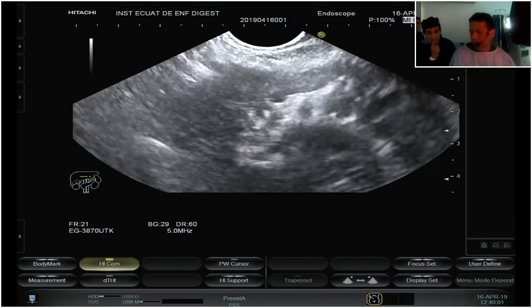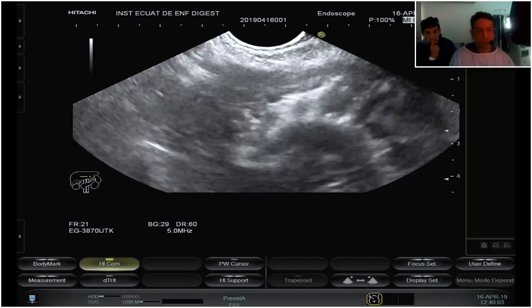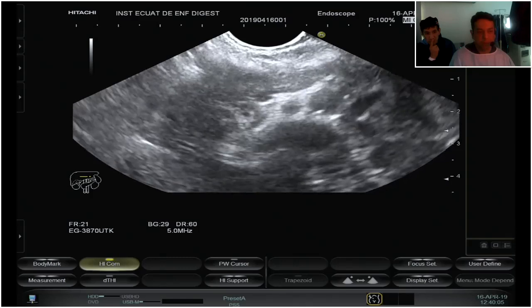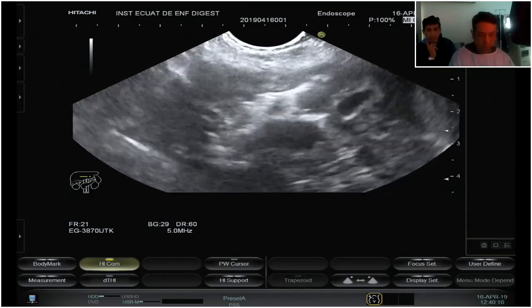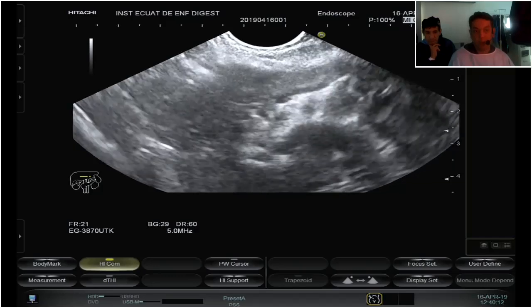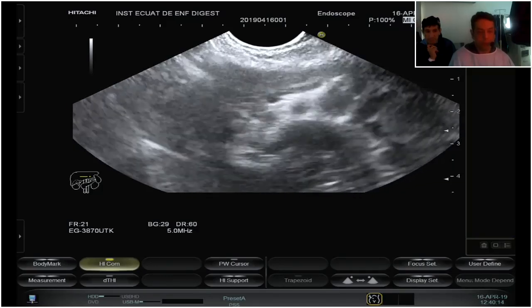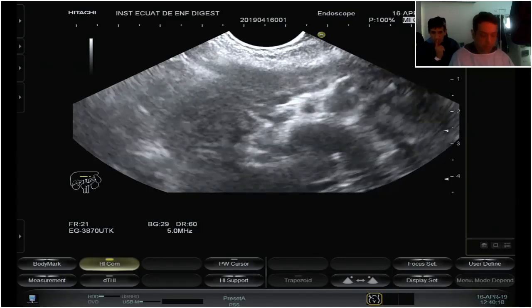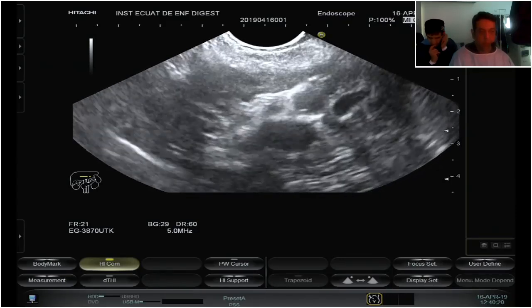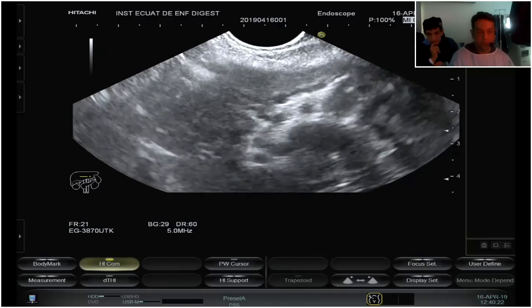So the approach could be done first by double balloon enteroscopy, that could take a lot of time, and second, by US cholangiography.